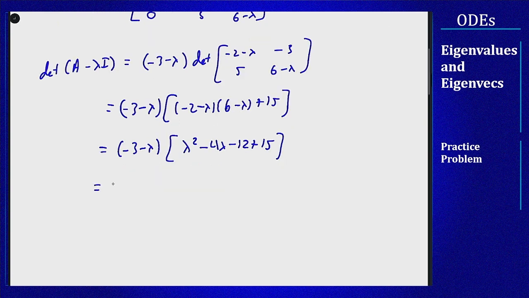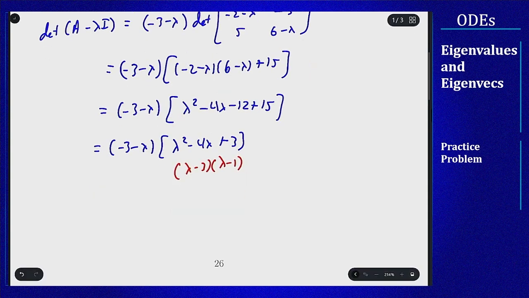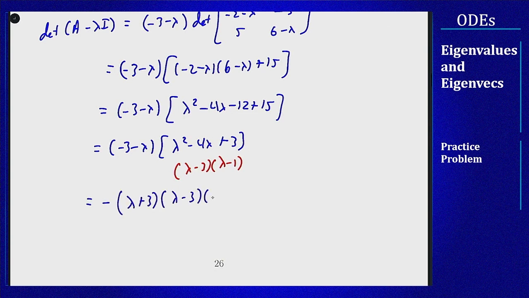So this becomes -3 minus lambda times lambda squared minus 4 lambda plus 3. And this we know factors as (lambda minus 3)(lambda minus 1).